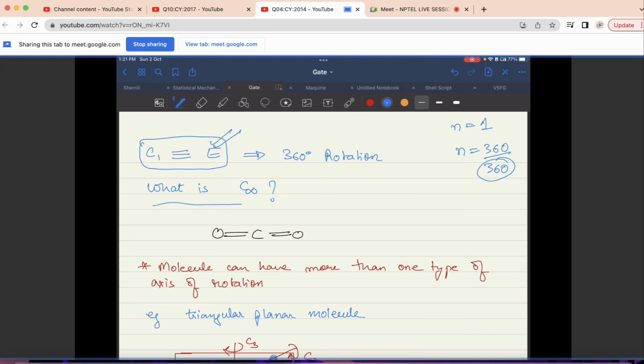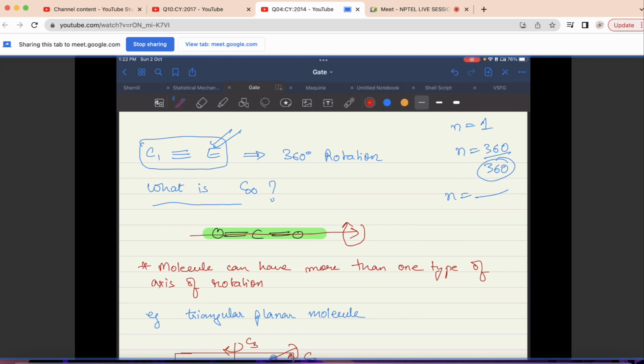Also, you can ask what is C infinite. If you are asking me about C infinite, there should be something making n is equal to infinity. If you see this particular molecule CO2, it is a linear molecule, and if I draw the rotational axis along these atoms, carbon and 2 oxygen, you will see that for any number of rotations I will get the same molecule.